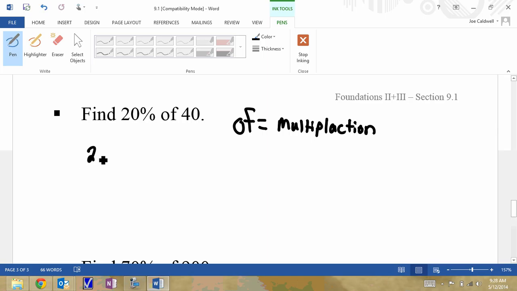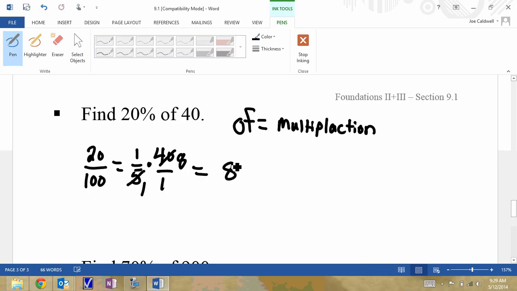So again, we could turn 20% into a fraction, which equals 1/5 if you reduce it all the way down, and multiply it by 40 over 1. And of course 5 goes into 5 once, 5 goes into 40 8 times, and our answer would be 8. 8 is 20% of the way to 40, is kind of how you would look at that. So 8 over 40 would be 20%.